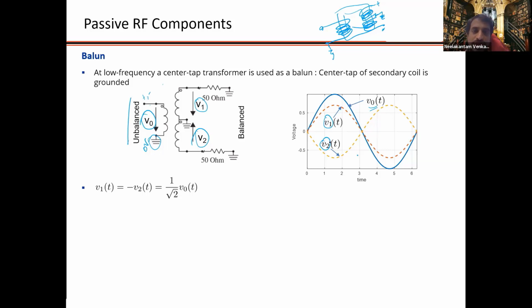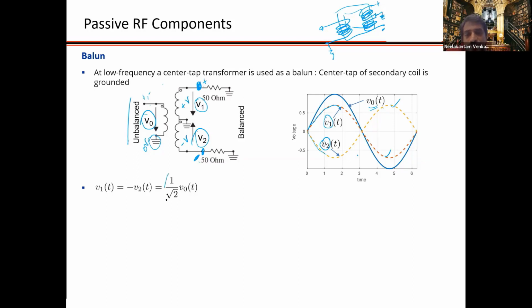But notice that whenever V1 is positive, my V2 is negative. So when this is plus V, then this would be minus V. So at any point in time, this becomes the differential signal. This is plus and this is minus. So when this becomes minus, then this would become plus. They are always opposite in phase, this curve and this curve.